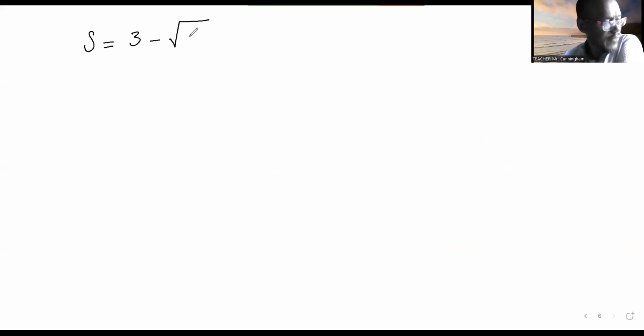So let's write the question. S is equal to 3 minus the square root of n. Remember, we're finding for n, people. It has a little trick that Shania wanted me to go and tell everybody, but I couldn't do that.